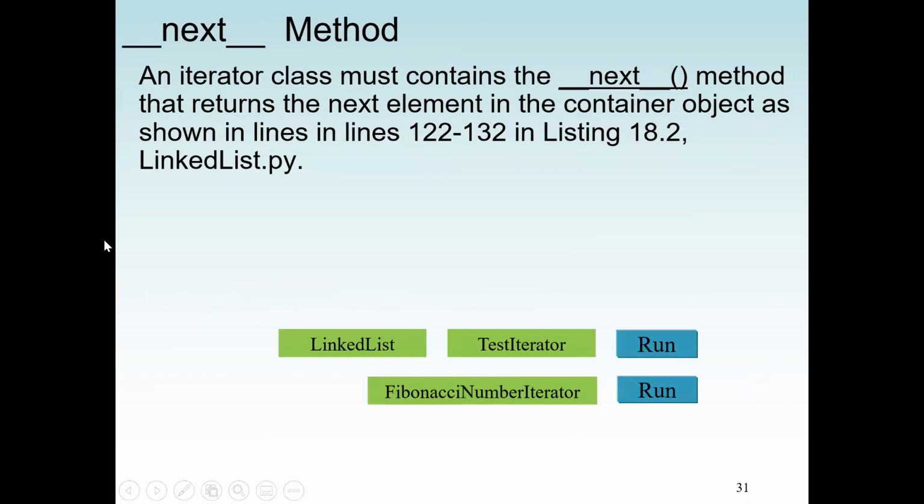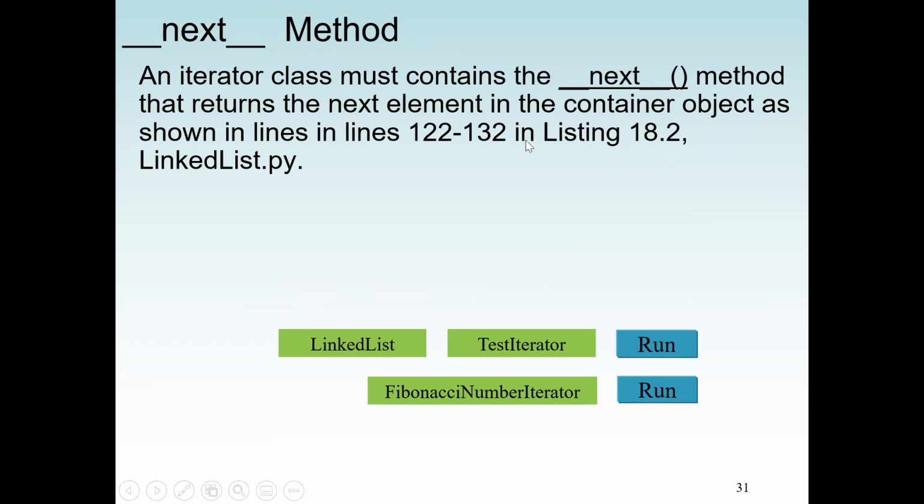Then every iterator has a special method called the next method. The next method makes it possible to move to the next element or next object in the container. So an iterator class must contain the next method that returns the next element in the container object, as shown in line.